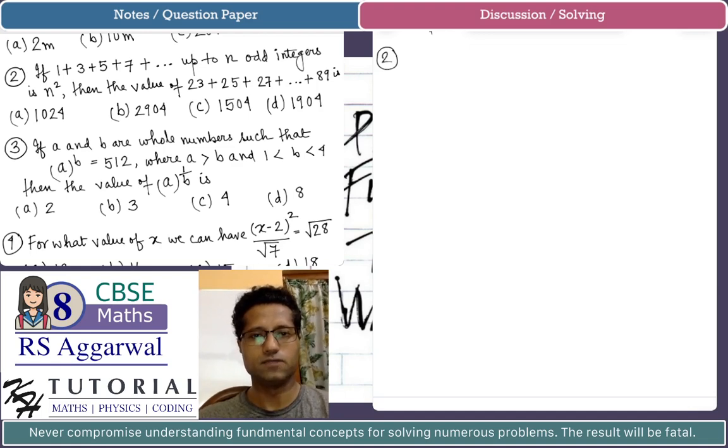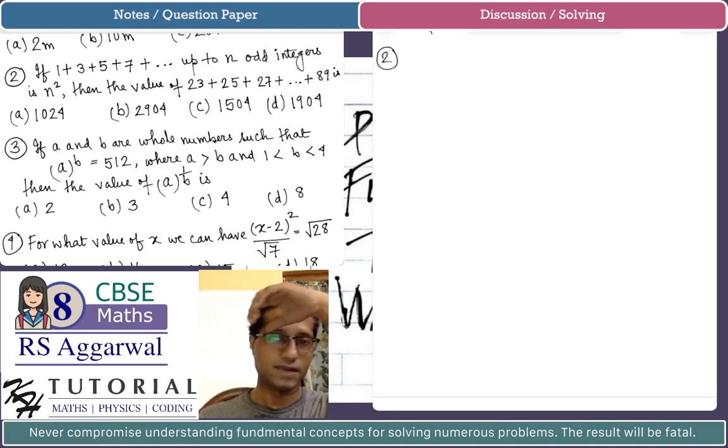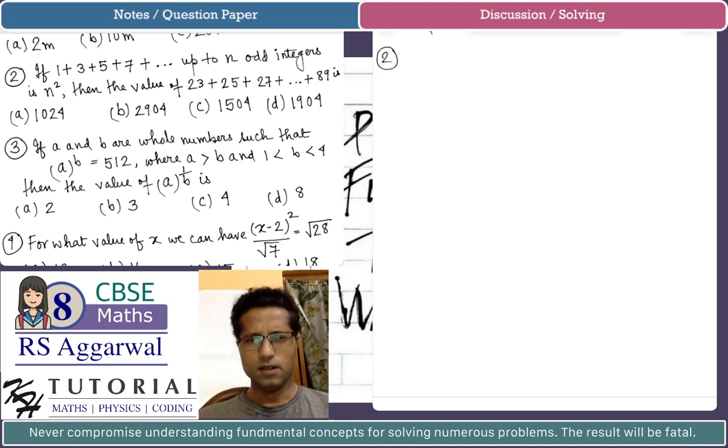We know this as a property of square numbers, that the sum of the first n odd positive integers, like 1 plus 3 plus 5 plus 7 plus 9, is n square.